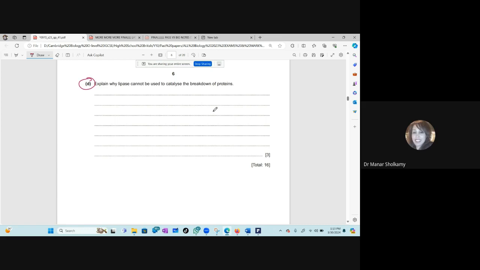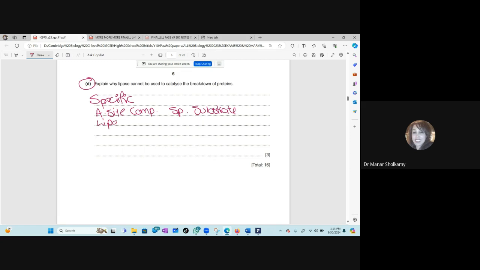Of course, enzymes are specific. And you will mention that enzymes have a specific active site that is complementary to a specific substrate. And you will mention the example that you have in the question.